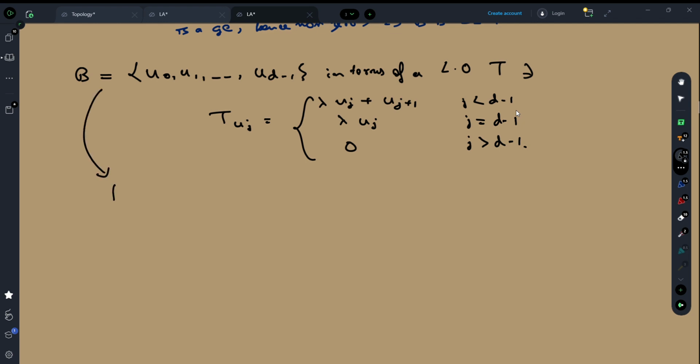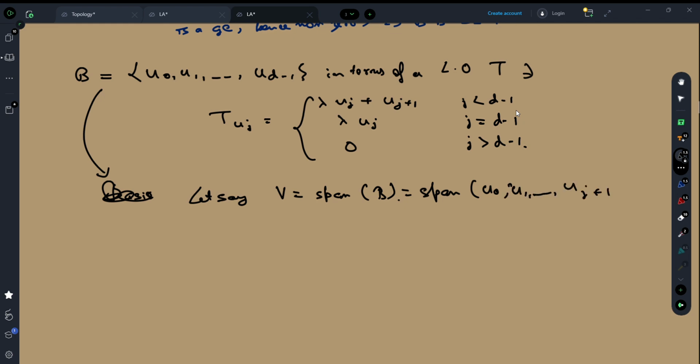suppose this basis, or this set. We have just proved that if we consider a set which is a span of these elements of B, then B acts as the basis for that set. So suppose V is a span of the elements u0, u1 till u d minus 1.